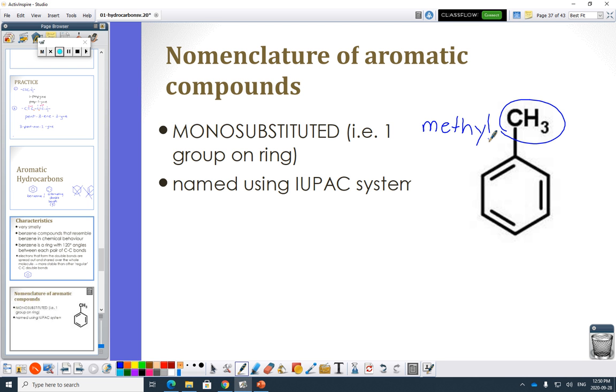So the benzene ring stands out, and then the branch is attached to it. It is a ring, so technically, yes, that is carbon 1, but if it was drawn like this, this would still be carbon 1.